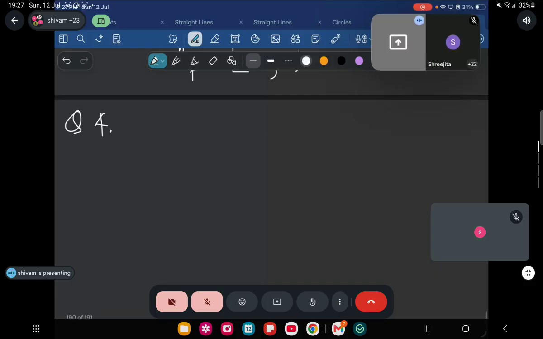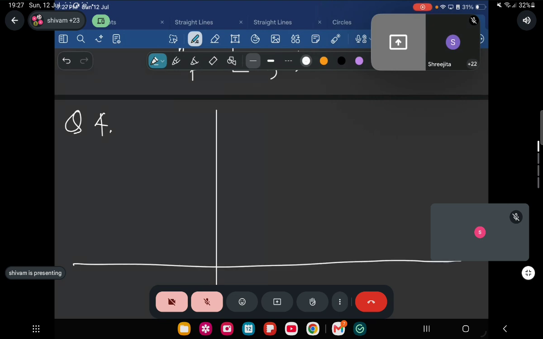Question number 4. Okay, everyone. Another graph I am going to show you.